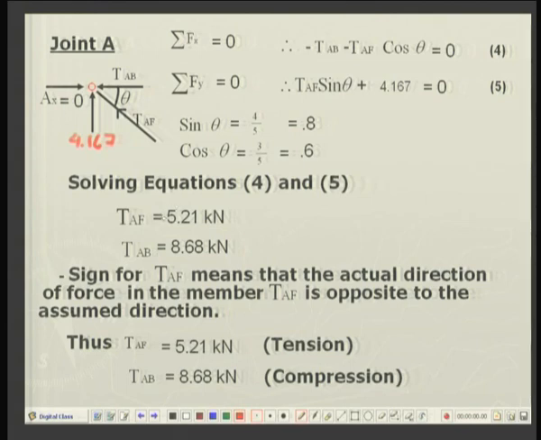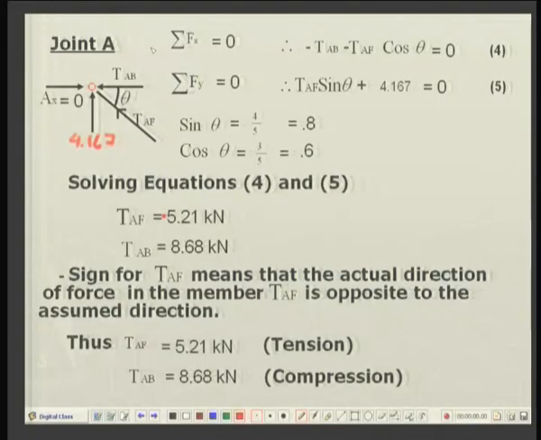this will be negative sign here, TAF and TAB. Now, this negative sign in the evaluation of TAF means that the actual direction of force in the member TAF is opposite to the assumed direction. See, we had assumed the TAF to be towards the joint, okay?